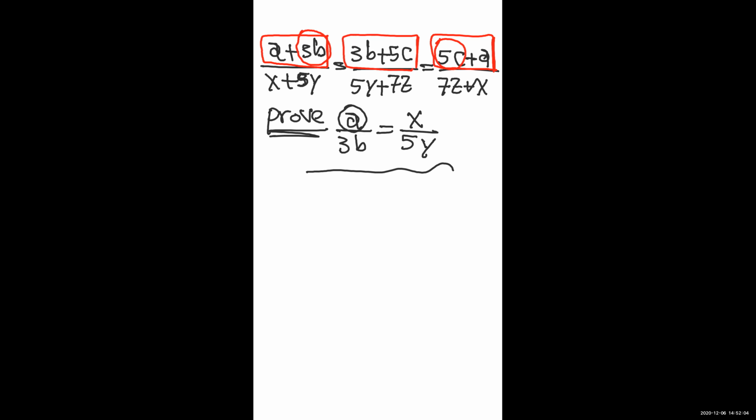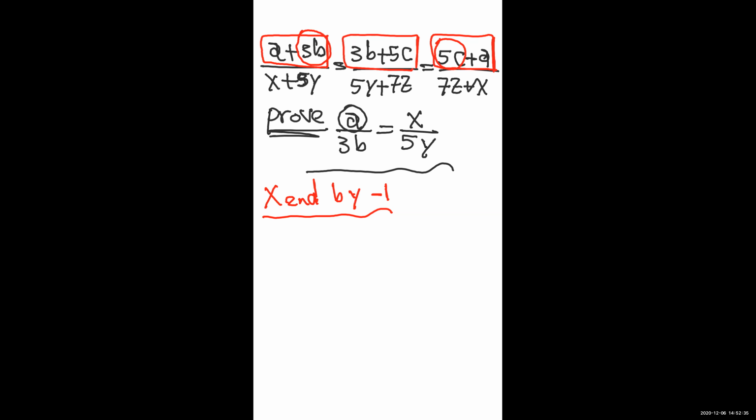Then after I add the antecedents, it will be positive 3B and negative 3B, and positive 5C and negative 5C. So in this case, I'm going to remove B and C. So it's very easy. I will multiply the second ratio by -1. And after that, I'm going to add the antecedents and the consequents.